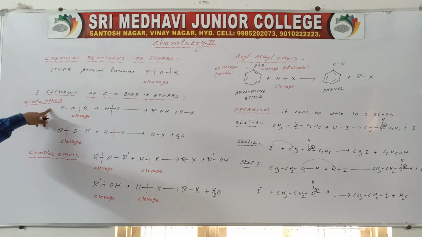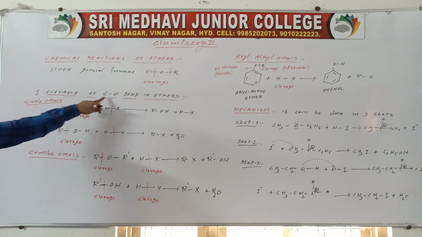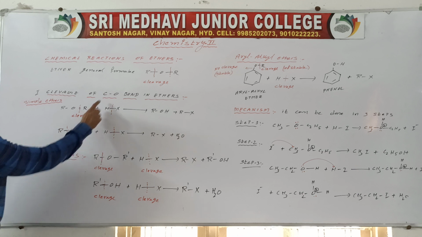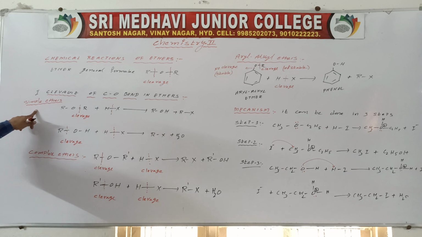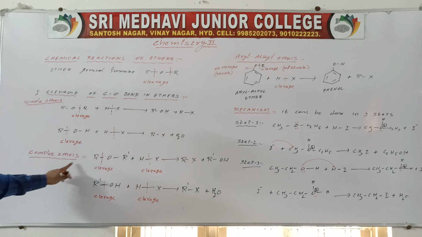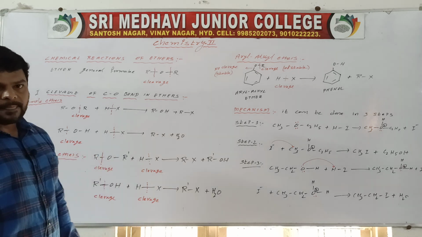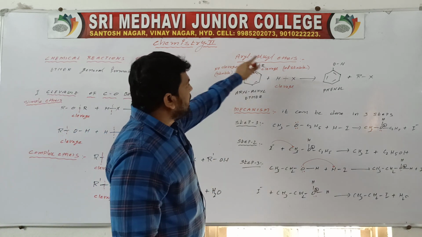It is a cleavage of simple ethers, the cleavage of C-O bonds. This step is for simple ethers and this is for complex ethers. Complex ethers means the alkyl groups are different. Okay, so this is aryl alkyl ethers.